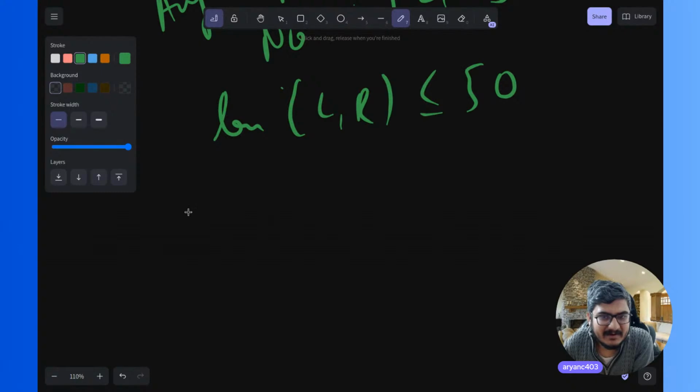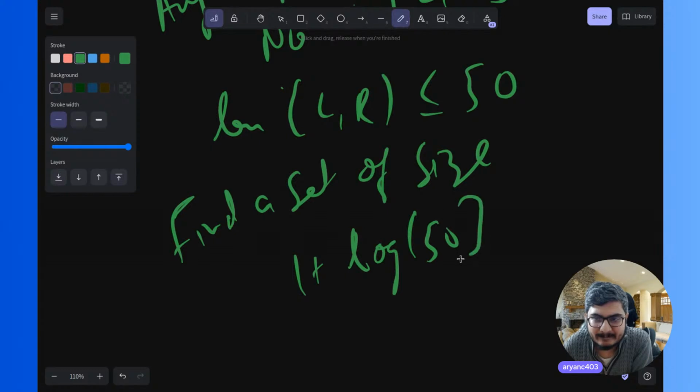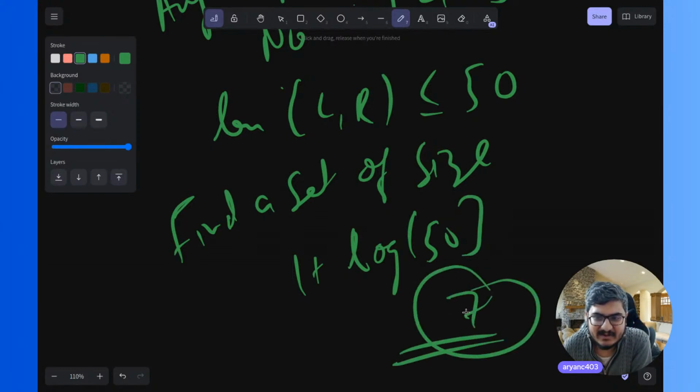So you will definitely find a set of size 1 plus log of 50, which in this case is 7. There will definitely exist a set with less than 7 values with XOR 0.